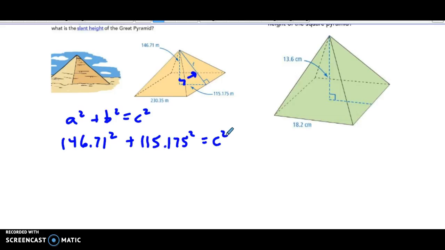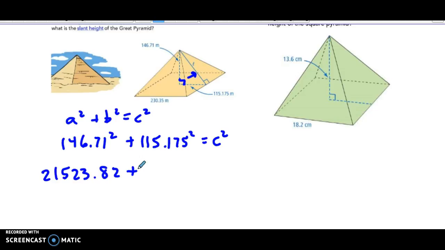So when I do 146 and 71/100ths squared, I get 21,523.8241, and it just keeps going.